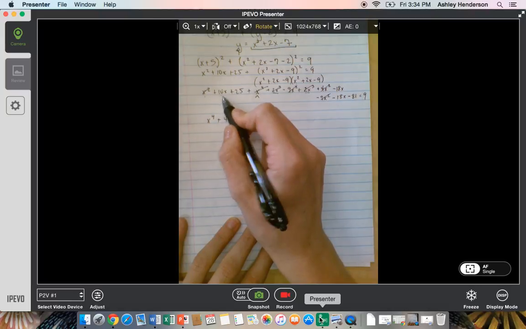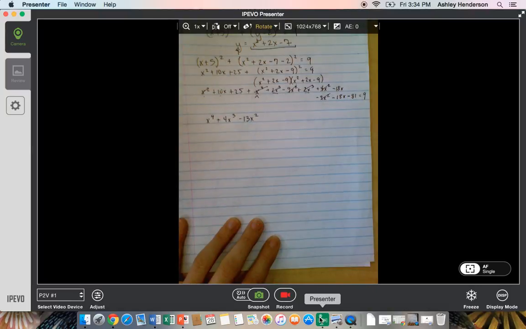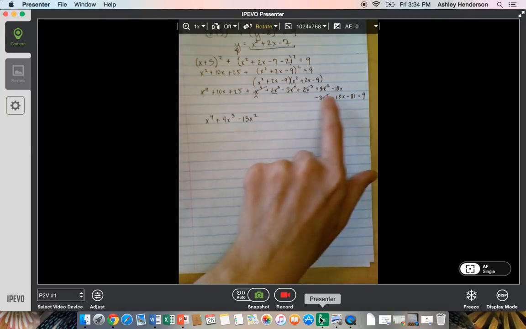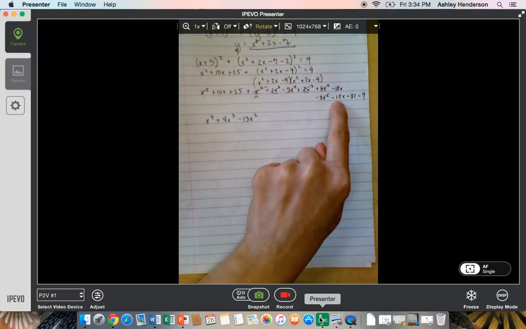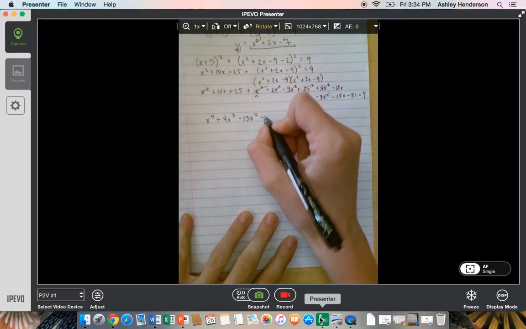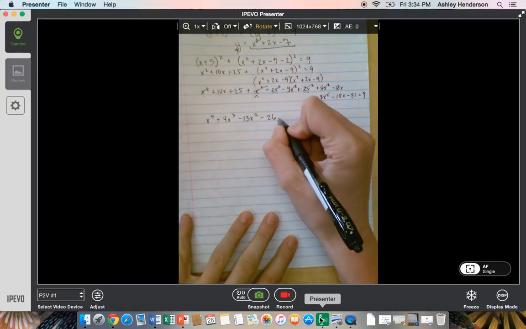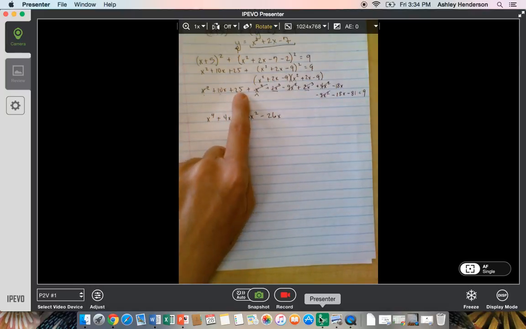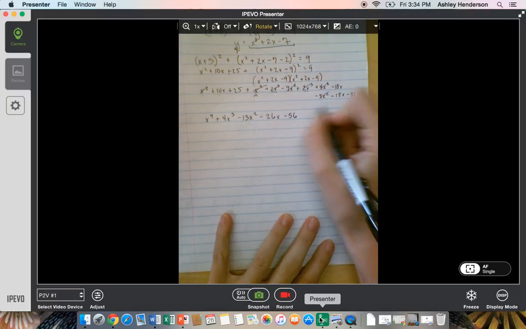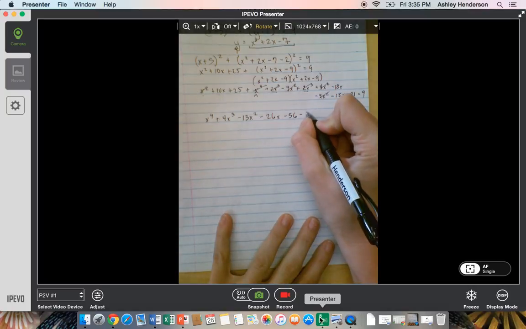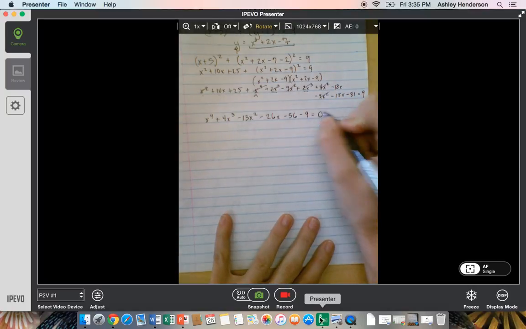And then I have my x's, my x to the 1st. So I have one here. 10 plus negative 18 and another negative 18 is negative 26x, and then 25 minus 81 equals negative 56, and that all equals 9, so we're going to go ahead and move him over to the other side too, which gets us 0.